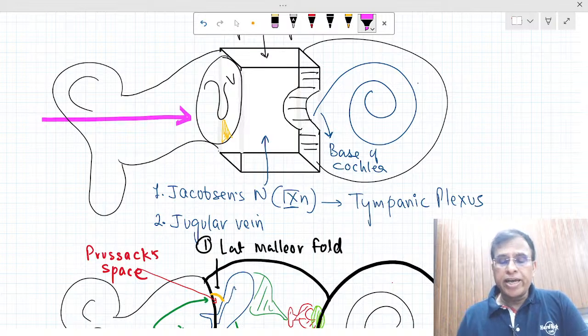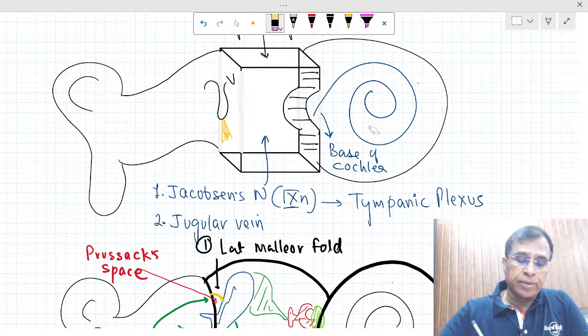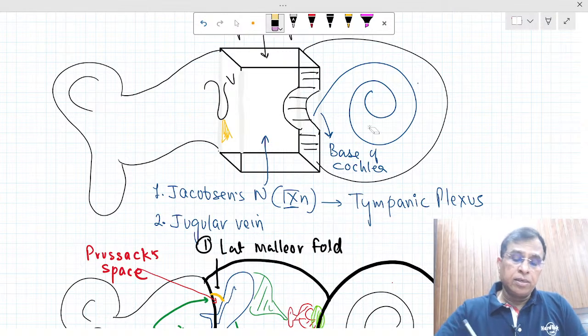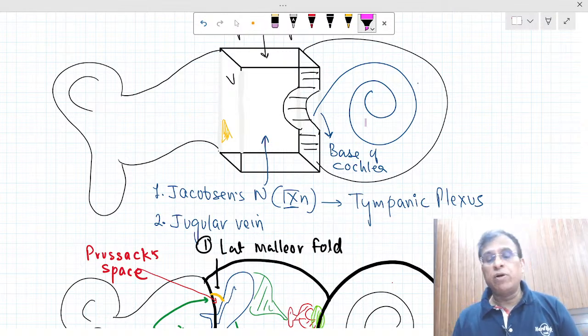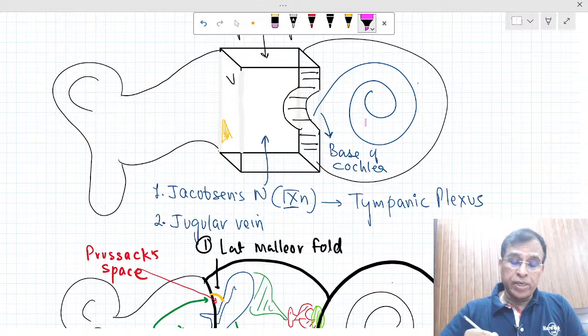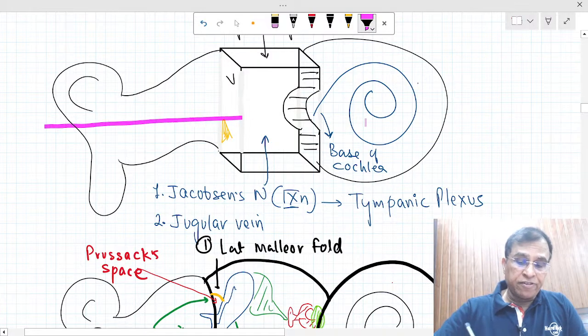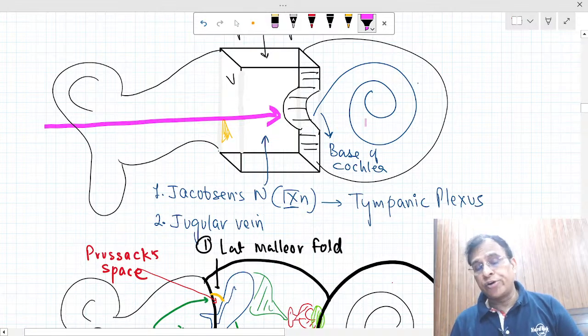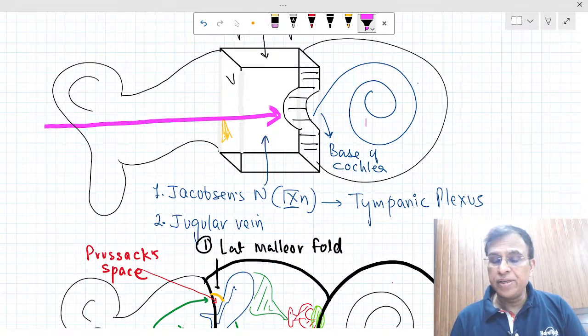Now suppose I remove this tympanic membrane. Now there is no tympanic membrane in the middle ear. Only 5 boundaries are left like this. If I now look from outside with otoscopy, which wall is right in front of me? Inner wall obviously, and the promontory is right in front of me.